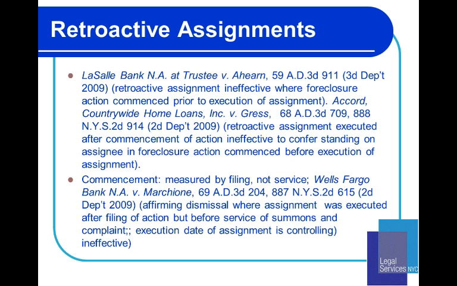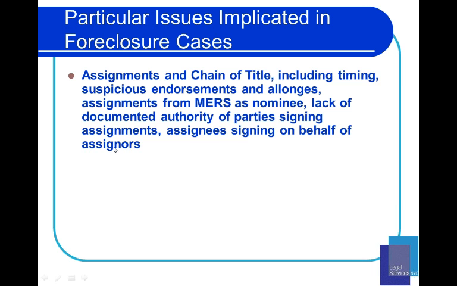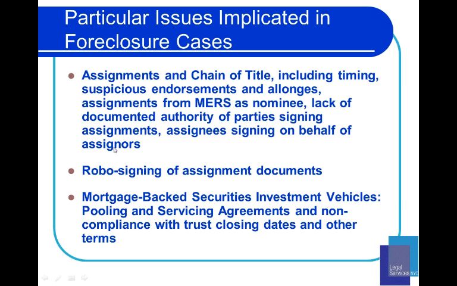That was put to rest in Marchione, rightly so, because New York is a commencement by filing state. It's not measured from service of process. It's measured from filing. So we're not seeing that being an issue that much anymore, but it had been a pretty prevalent issue.